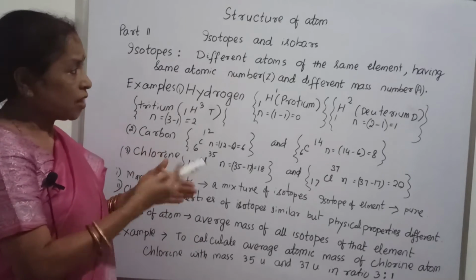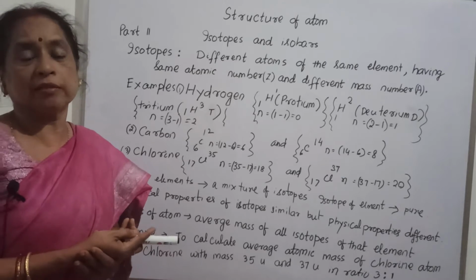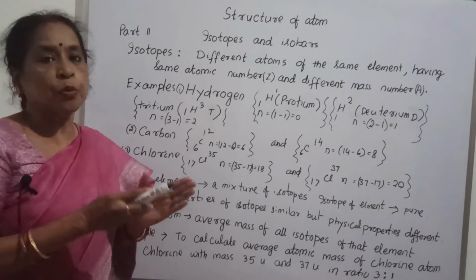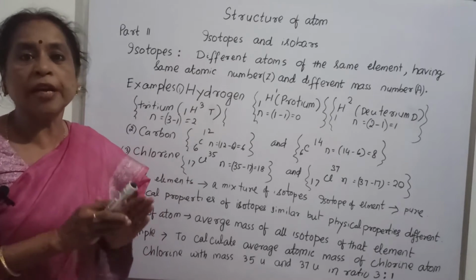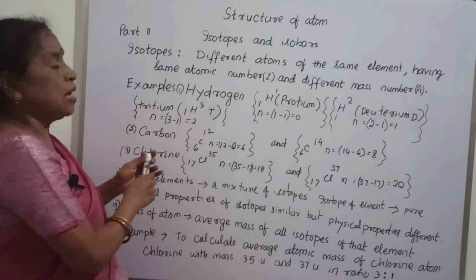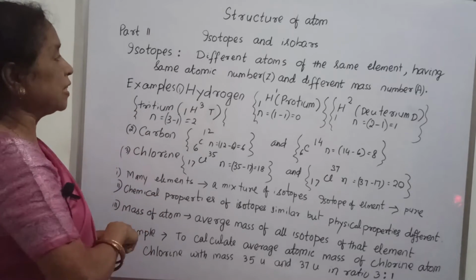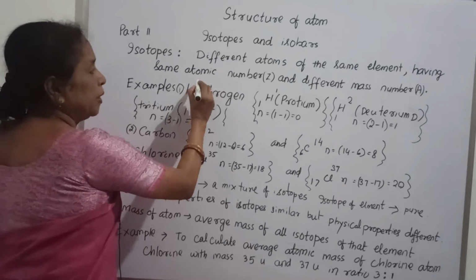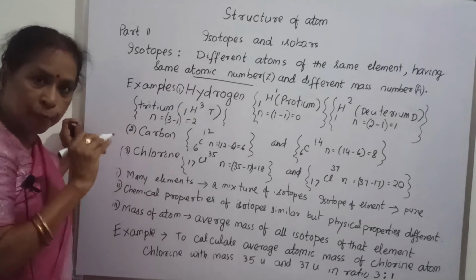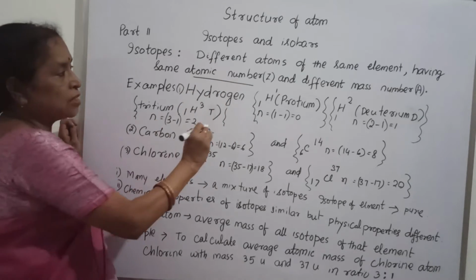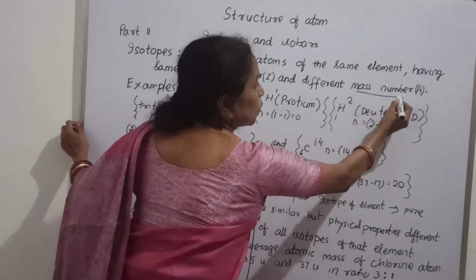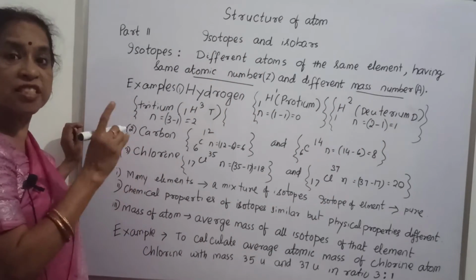Similarly, here the mass number is different. The mass number means protons and neutrons, which should be different. And what is the same? The atomic number is the same. That means the atomic number, the number of protons, is the same, while the mass number, the number of protons and neutrons, is different.